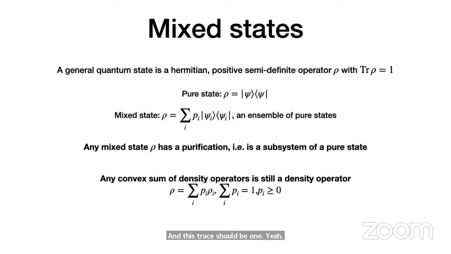For a pure state psi, the rho is just the projector onto that state. And any mixed state, you can diagonalize the density matrix and write it as an ensemble, an incoherent superposition, of these pure states.